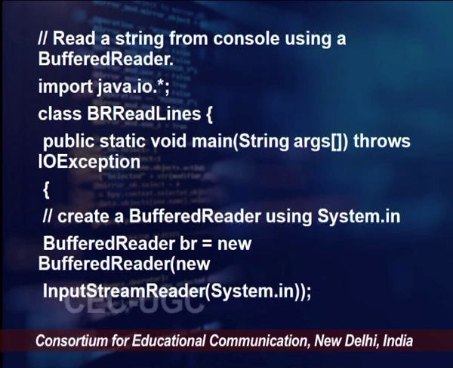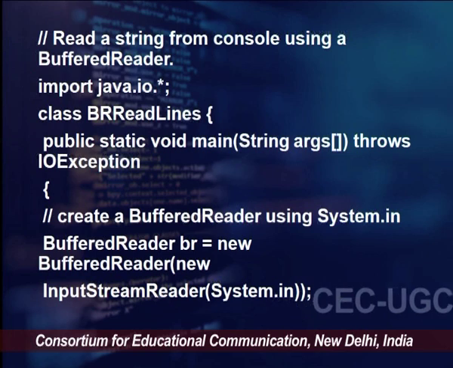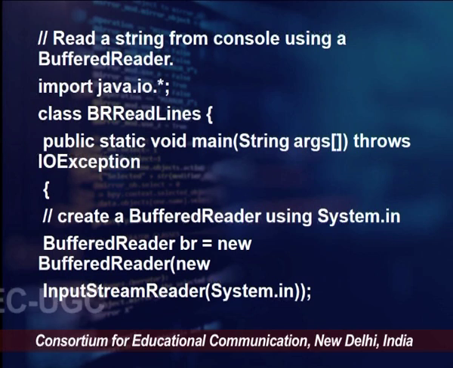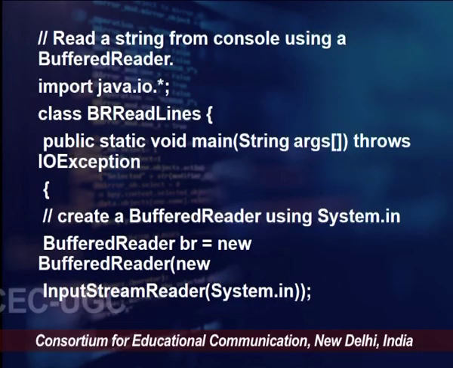The main difference between the two is that there we were talking about characters, and here we are talking about strings. The BufferedReader class is the same, but the method we are going to use is entirely different. To read a string from a console, we use the BufferedReader class.